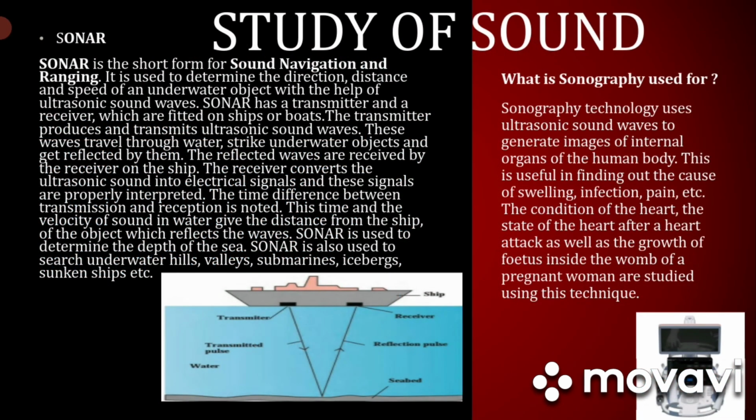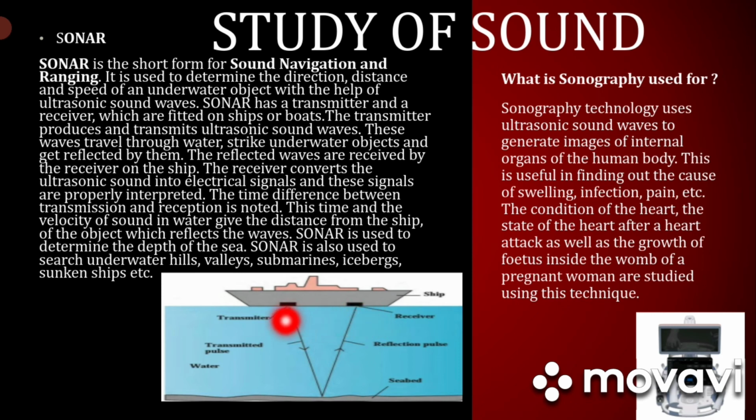Sonar. Sonar is a short form for sound navigation and ranging. It is used to determine the direction, distance, and speed of an underwater object with the help of ultrasonic sound waves. Sonar has a transmitter and a receiver which are fitted on ships or boats.